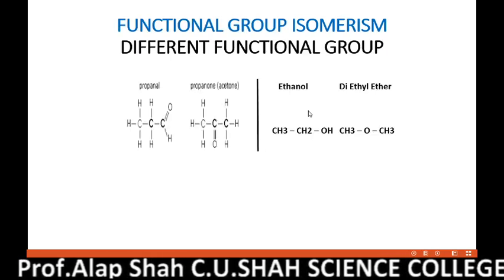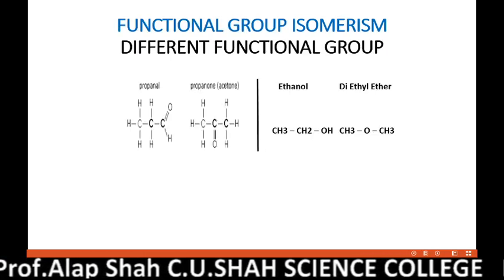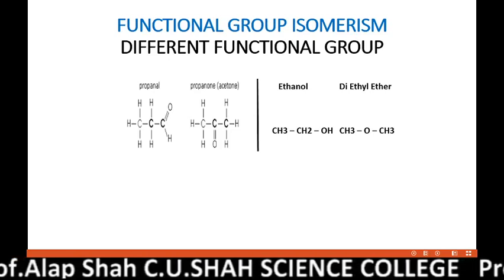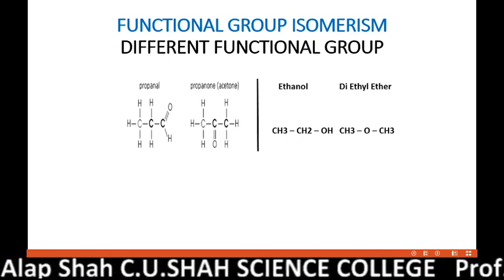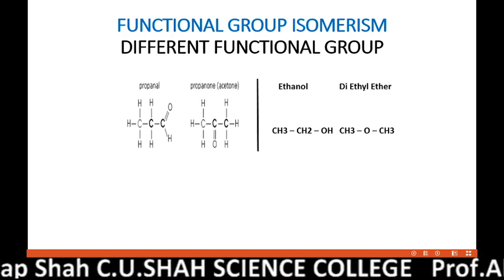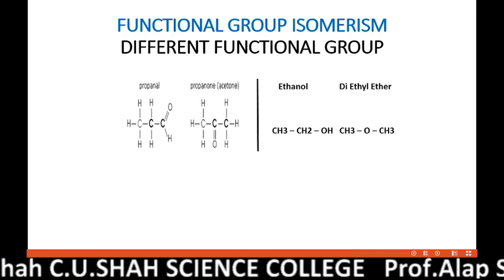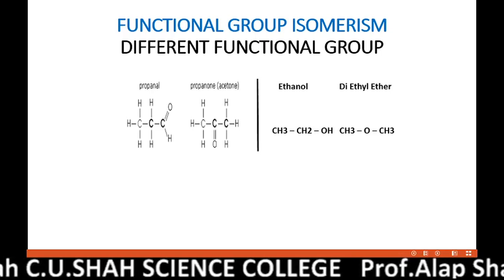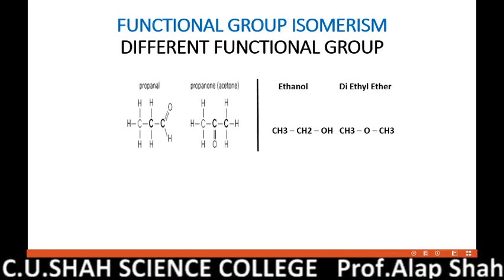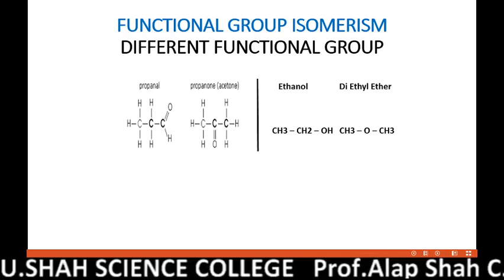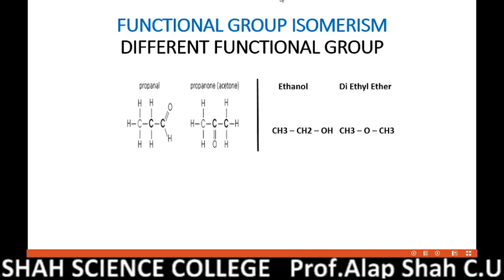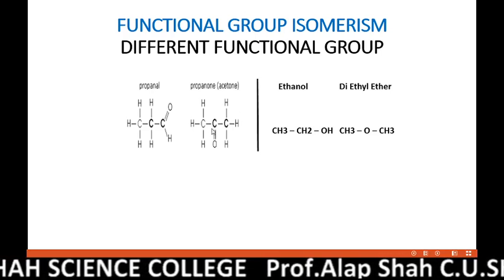Second is functional group isomerism. As the name itself suggests, isomers have different functional groups. For example, molecular formula C3H6O can have two different isomers with different functional groups, propanal and propanone.